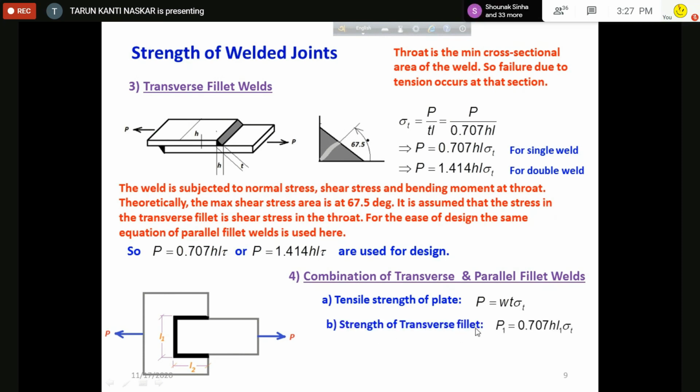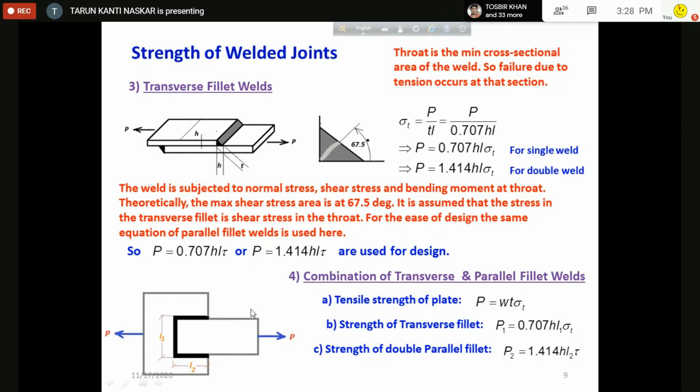Now the strength of the transverse fillet is this, for a single weld, HL1 sigma T. Now the strength of the double parallel fillet, you accept it, is this thing.